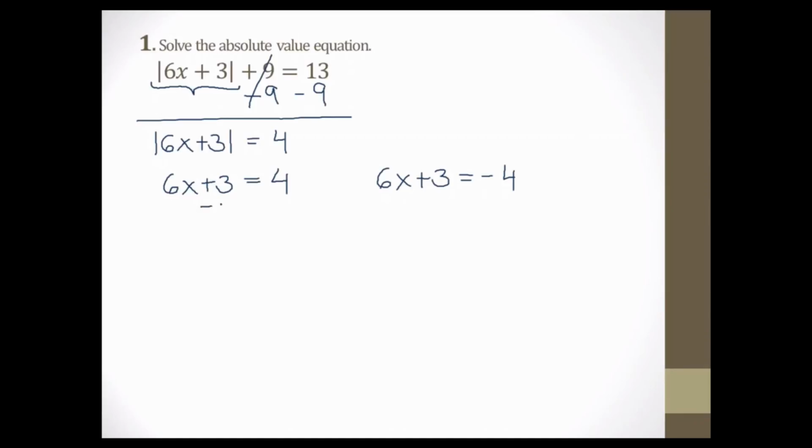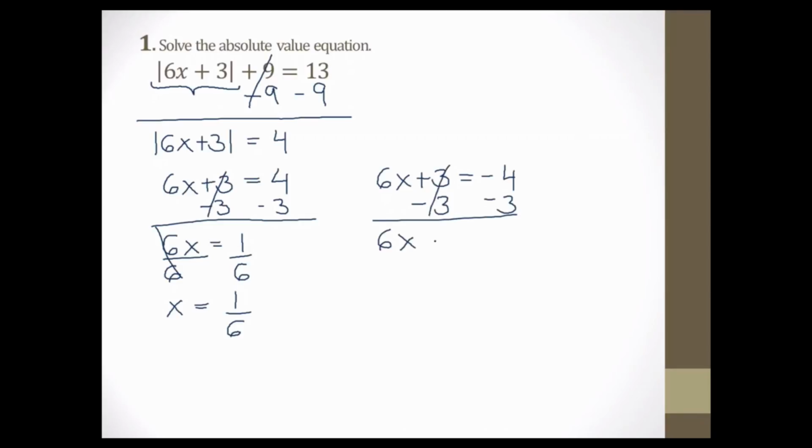So let's solve these two equations individually. Let's start over here. We subtract 3 from both sides. So we are left with 6x is equal to 1. Then dividing by 6 on both sides, we get x equals 1 over 6. So we have our first answer, and now let's do it again. Subtracting 3 from both sides, we have 6x, and then negative 4 minus 3 is negative 7.